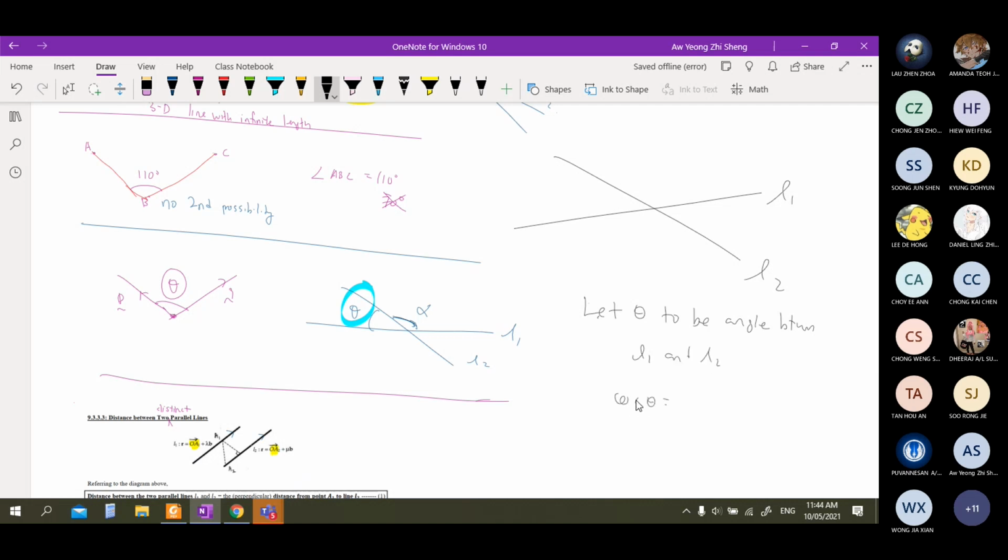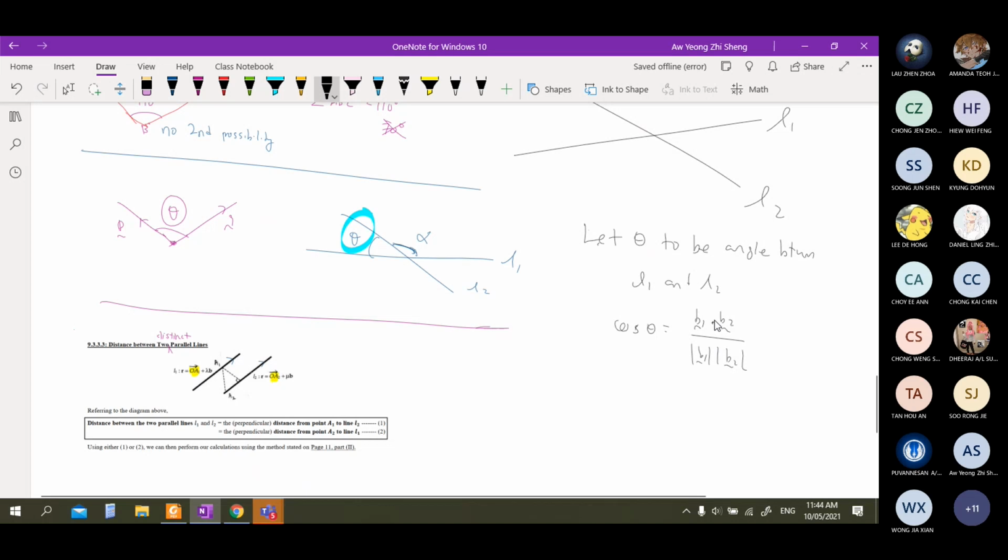Then you take cos theta equals B1 dot B2 divided by the magnitudes of B1 and B2. If you forget the modulus, then at the end, you get, let's say, theta equals 110 degrees.